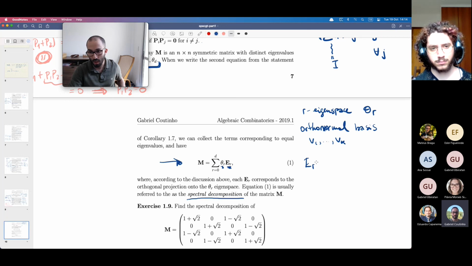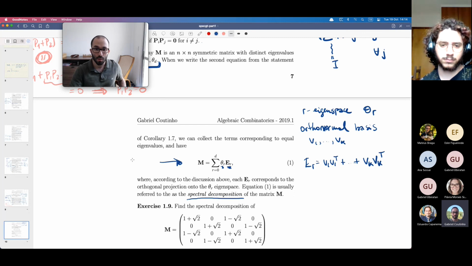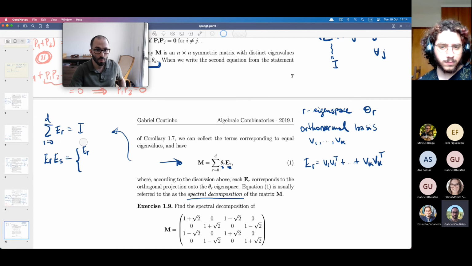So this E_r is equal to v1 v1 transpose plus dot dot dot vk vk transpose. Okay, it's easy to see as a consequence of everything that we've been discussing so far that the sum of the E_r, r from 0 to d, is equal to the identity matrix, and that E_r times E_s is equal to E_r if r is equal to s and 0 otherwise.